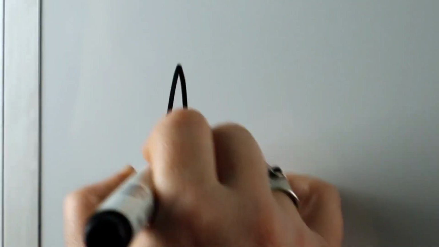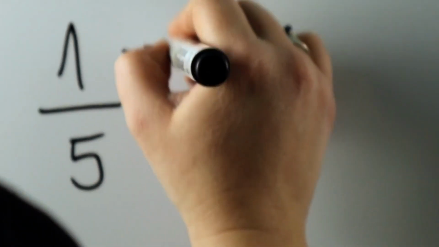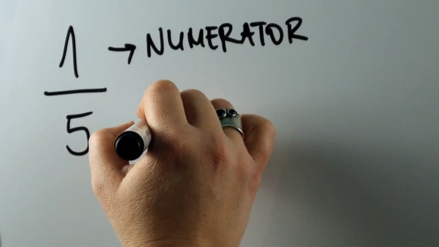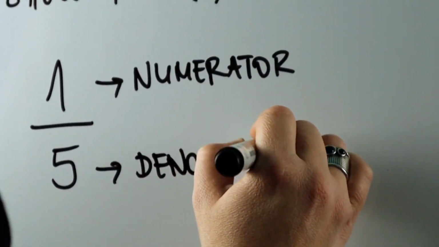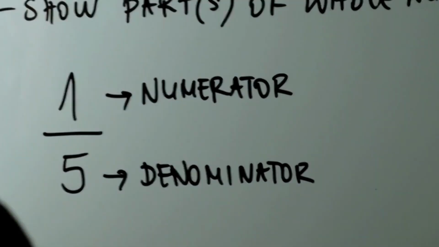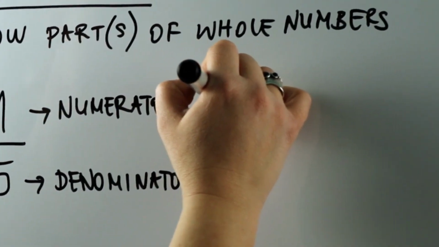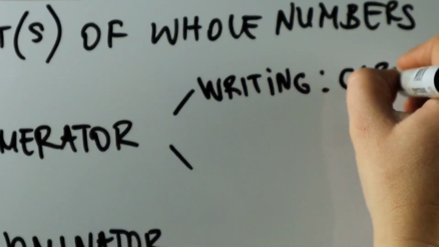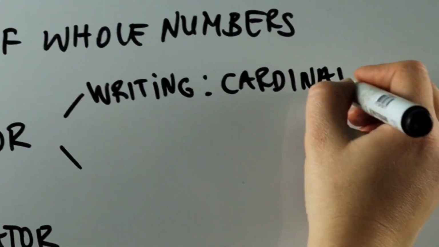I'll just generally explain some things about fractions. Fractions always consist of 2 different parts: numerator and denominator. Numerator is the number above that little line which makes the separation, and it shows how many parts of something we're talking about. The number below that line is called the denominator.